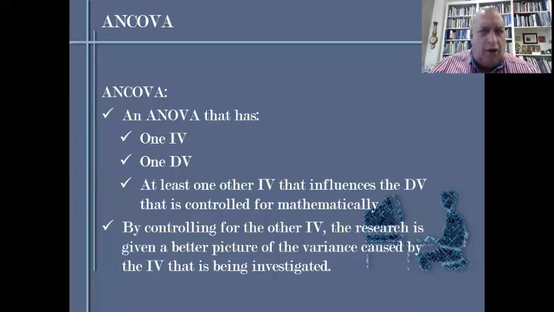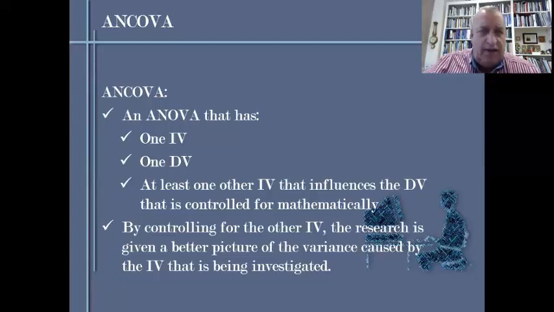So now we want to talk about ANCOVA, which is basically going back to the ANOVA, where we have one independent variable. Remember that independent variable is going to have 3 or more groups. Our example we've been using is year in college, where we have 4 groups. And we're going to have one dependent variable, one score for each of those 4 groups.